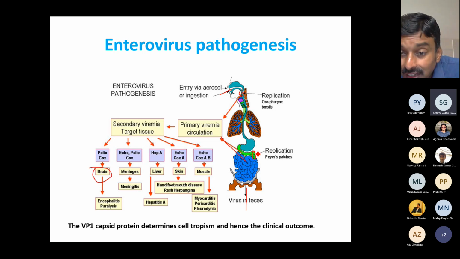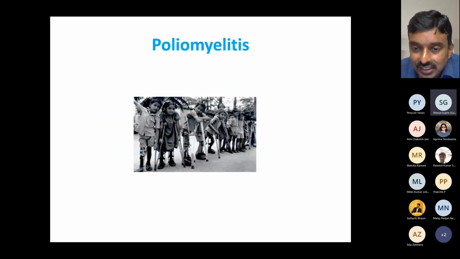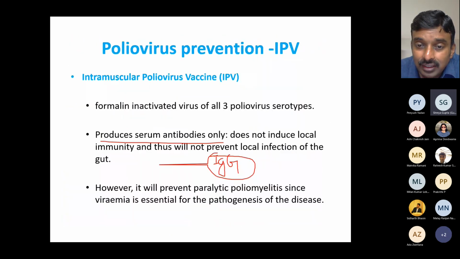Because you have antibodies only in your blood, when the virus spills over into the blood, that is when these antibodies will neutralize the virus, and they will not allow it to cross the blood-brain barrier.